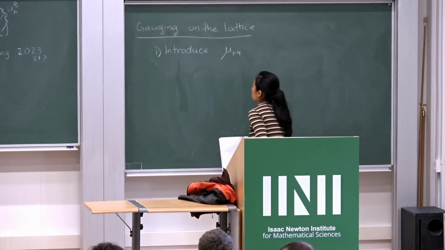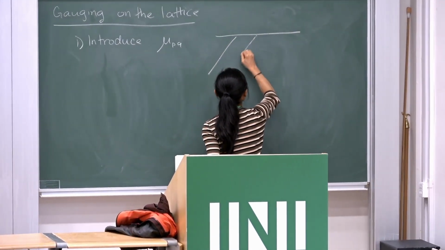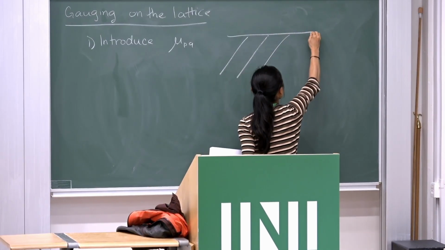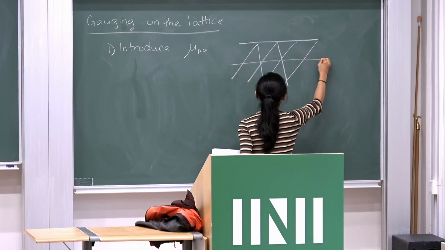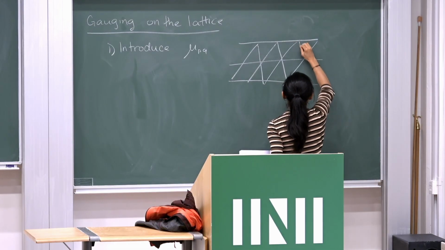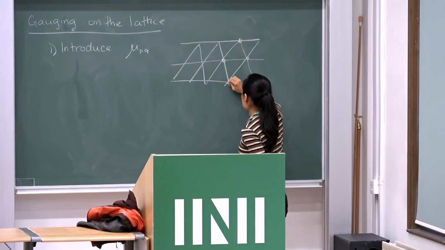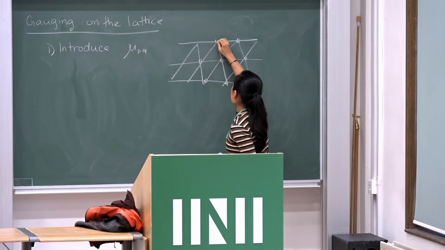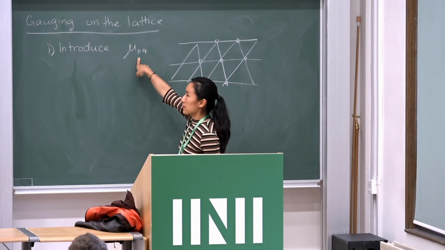So originally we're working with this triangular lattice. And our original matter degrees of freedom were on the vertices. And the gauge fields will be on the links between the vertices. So that's why I put mu PQ.